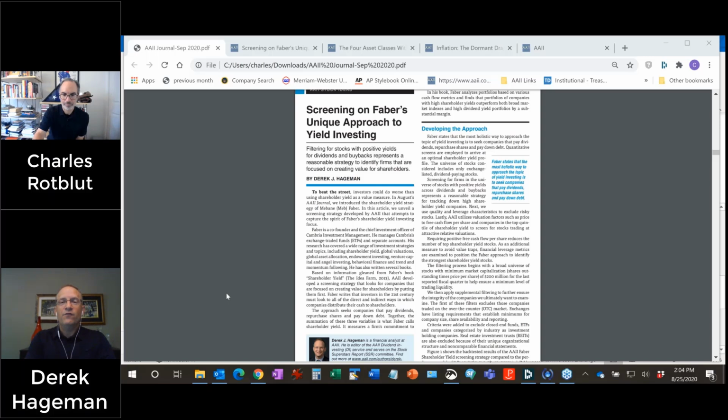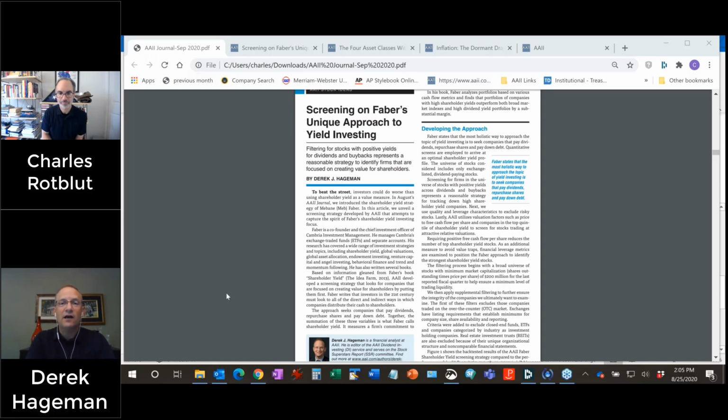Sticking on page 1, talking about developing the approach. It screens for firms in the universe of stocks with positive yields across dividends and buybacks. We thought that would be a reasonable place to start for tracking down high shareholder yield companies.